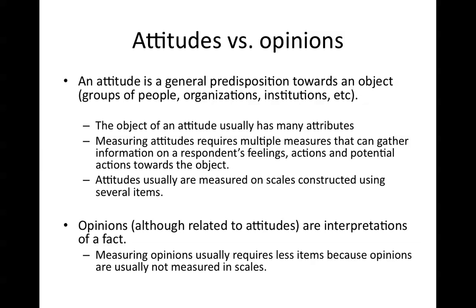The attitude requires multiple measurements to gather any information on their true feelings. So you have to ask many questions in order to truly understand what their attitude is about that particular group of people or organization. And usually scales are used to measure attitudes as well.